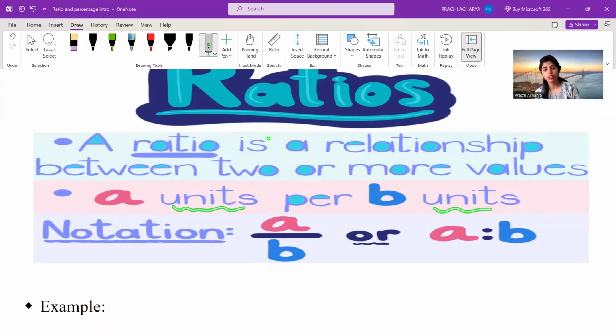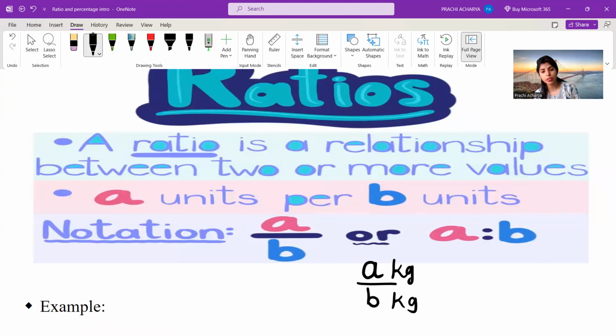Children, to find the ratio, we always take a proportion of them. Let's say my first unit is kg and my second unit is also kg. Obviously, I will reduce this fraction to the reduced quantity, and let's say we get a1 upon b1.